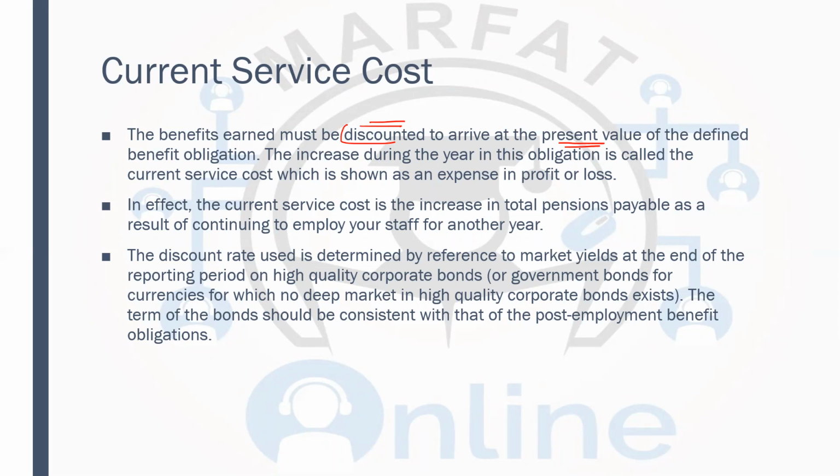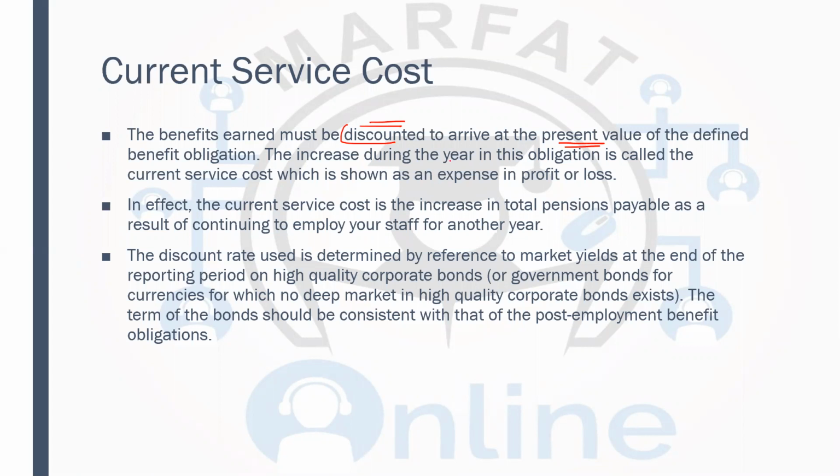So every year, you have to systematically increase your obligation. When the employee is spending a particular year, his entitlement is increased every year for the pension. Year 1 has passed, 1 year entitlement done. Year 2 passed, 2 years entitlement is done.